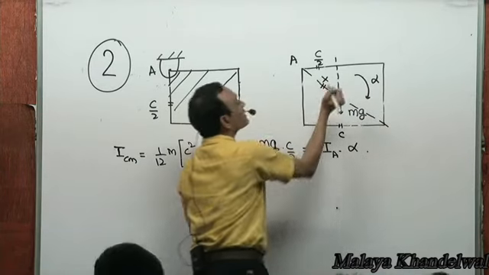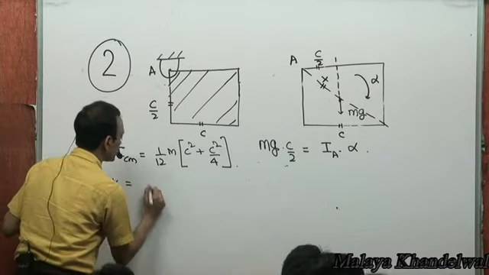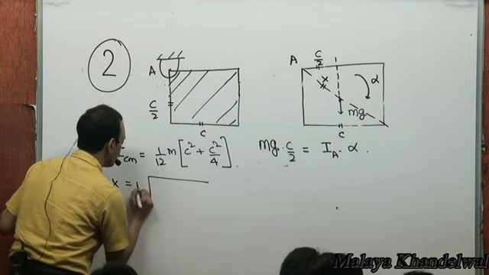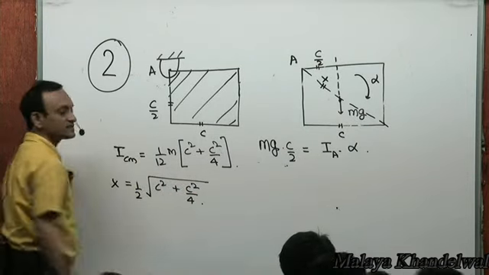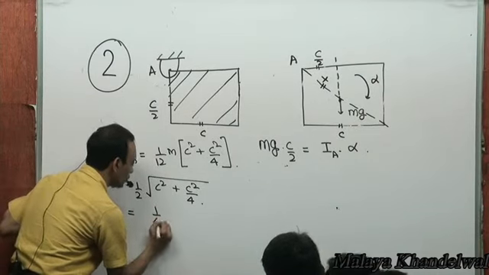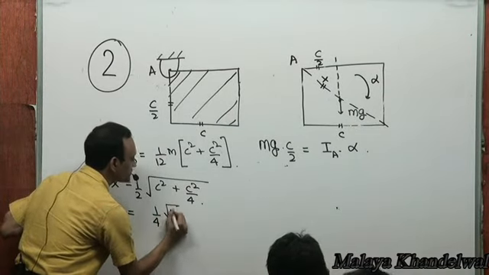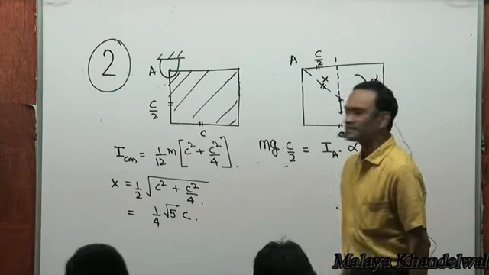This x is half the diagonal, right? X is half of root (c squared plus c squared by 4), which is 1/4 root 5 c. That's x.